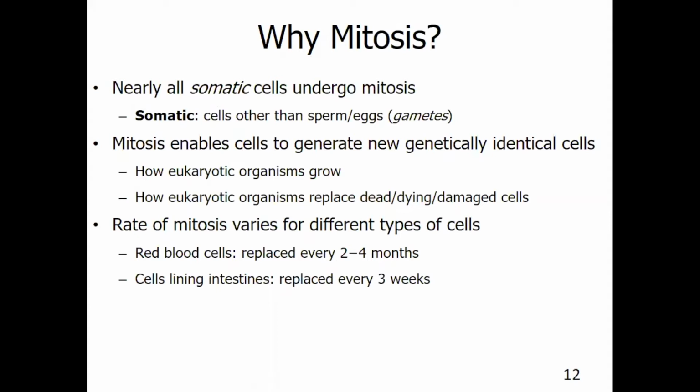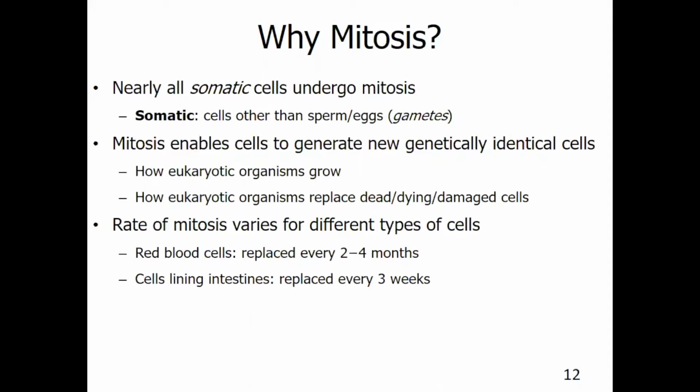Mitosis enables cells to generate new genetically identical cells. And this is how eukaryotic organisms grow bigger. Their cells divide, and there are more cells, and therefore the organism itself is bigger. It's also how eukaryotic organisms can replace dead, dying, or damaged cells.